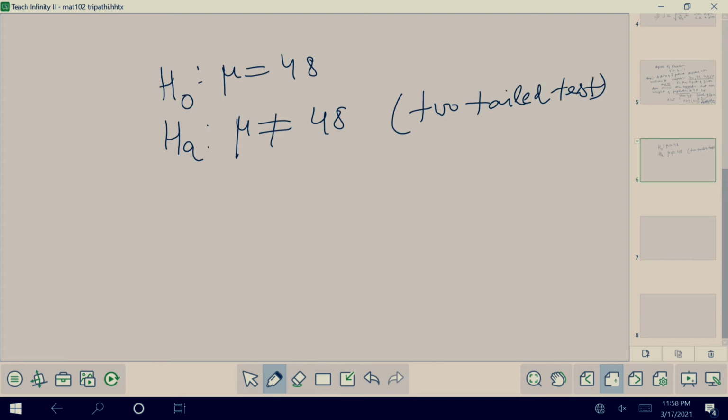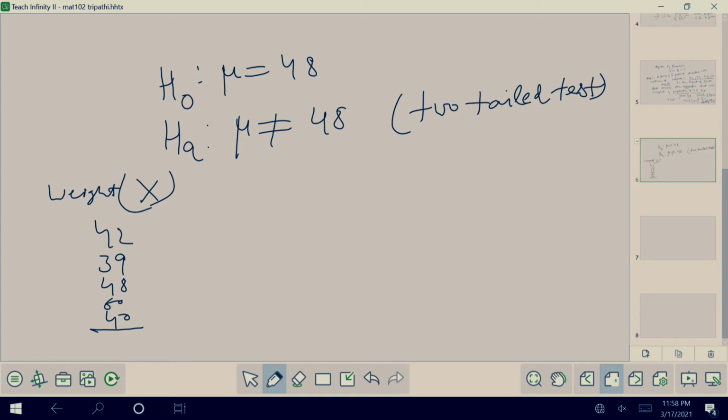First of all we need to calculate the mean. How do we calculate the mean? Suppose weight is our x: 42 kg, then 39, then 48, 60 and 41.